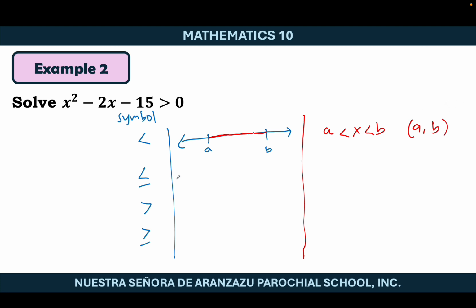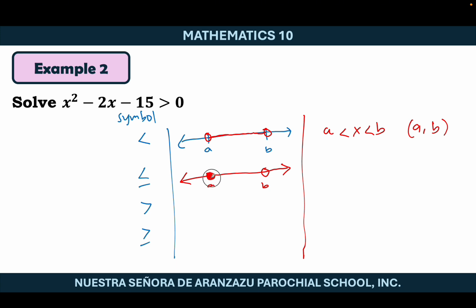Ganun. Next, kapag less than or equal to naman, dito pala, unshaded circle yan yung gagamitin nyo. Kapag less than or equal to, your A and your B, may shaded yan.